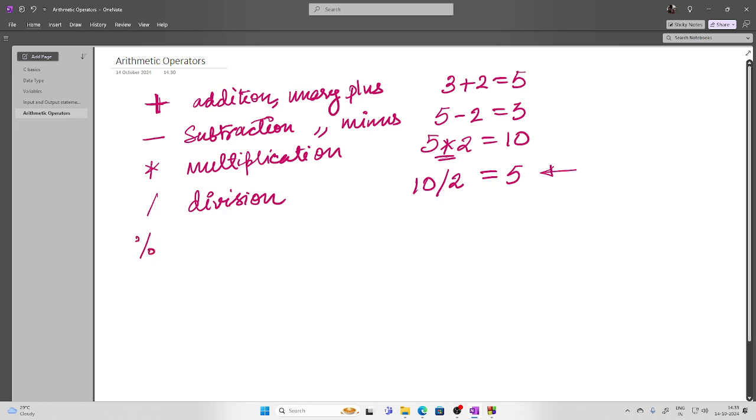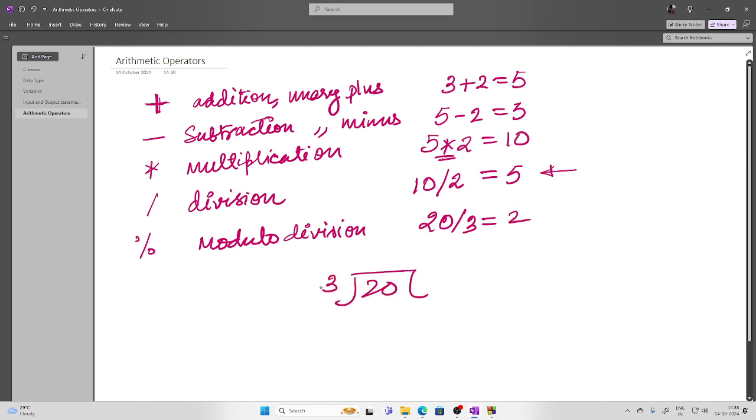This is called the modulo operator or modulo division. This gives us the remainder after the division. So if I divide 20 by 3, let's say, what will I get? 2. How? So 20 divided by 3: 6 threes are 18.